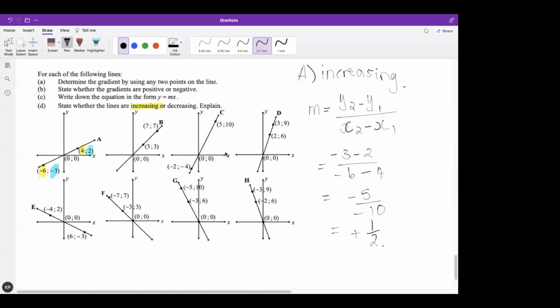So our gradient is a half, and we knew it was positive because it is an increasing graph. So now let us find the equation of this graph. It will be y equals a half x.